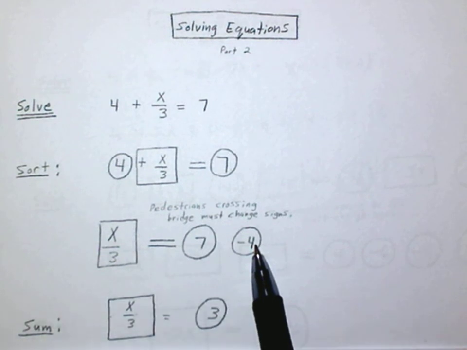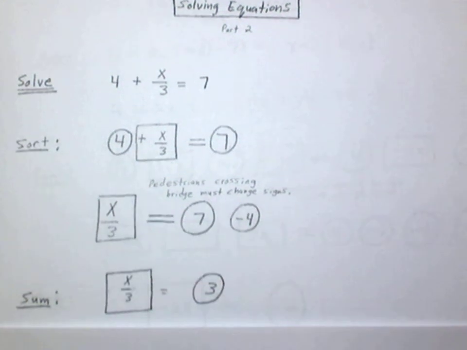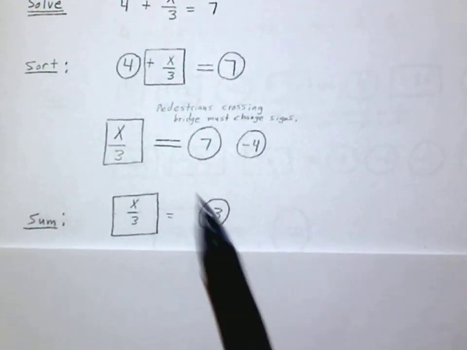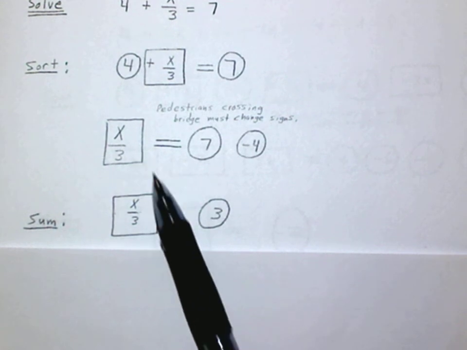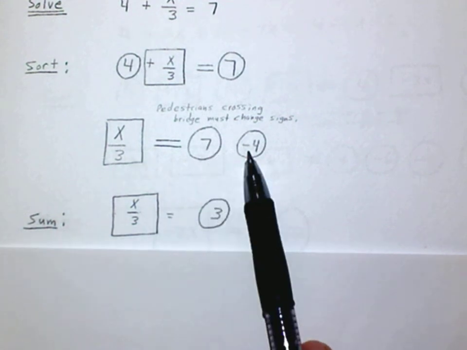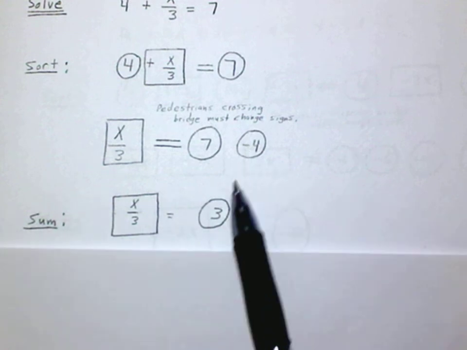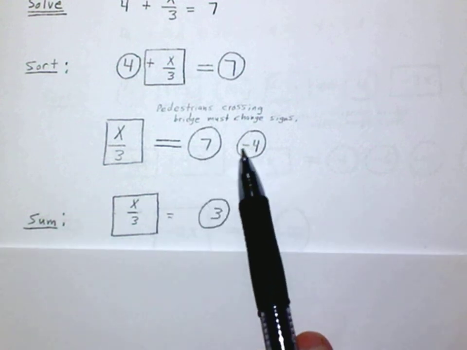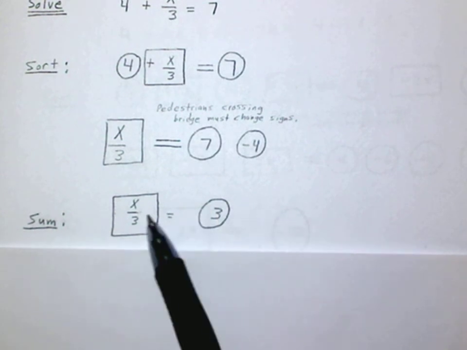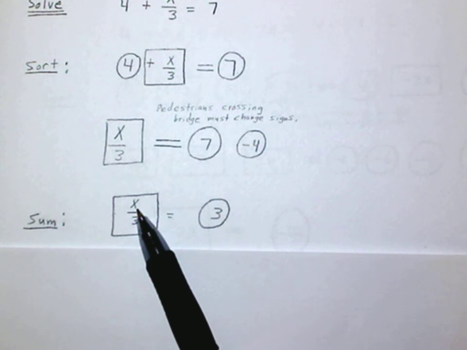Okay? Next step is to sum the terms. Well, there's only one box, so we can just leave it where it is. We have two circles we need to merge into one circle. 7 and -4 is 3. Okay, we're almost there. We're trying to get x all by itself, but right now it has a 3 underneath.